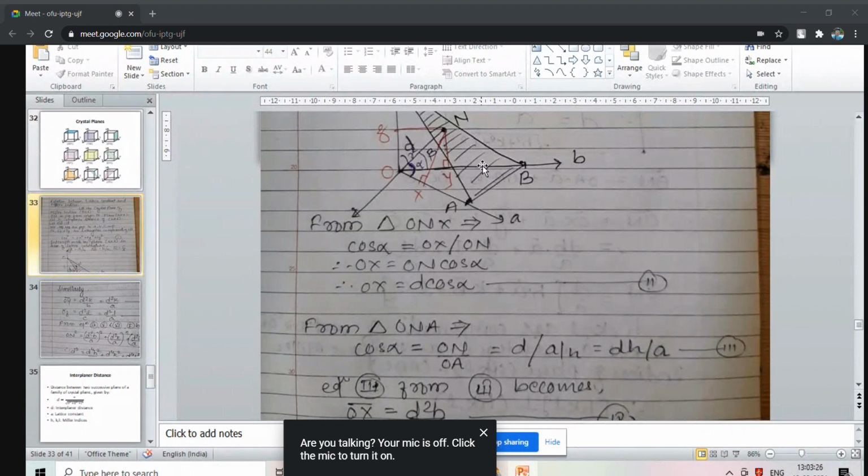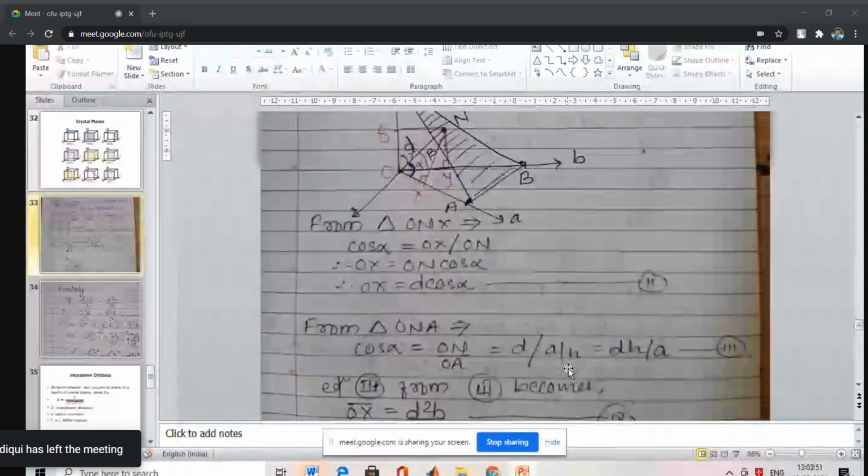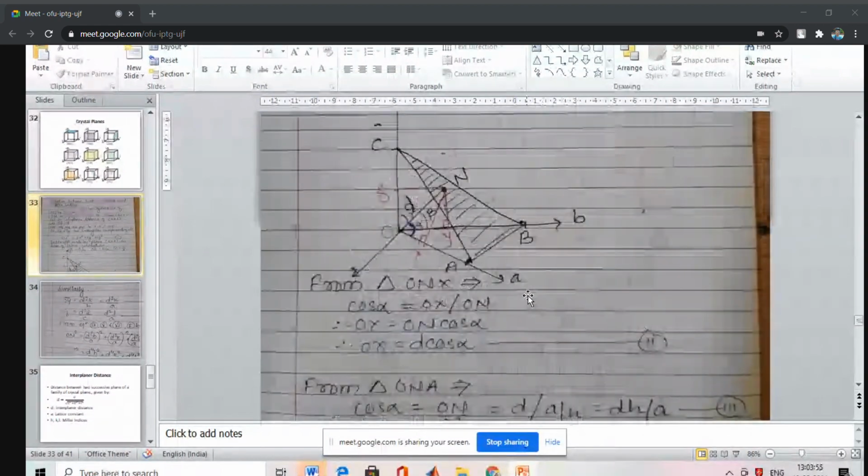So if we take again the reciprocal of the Miller indices, then it will be nothing but the intercept made by this plane. And so if OA is the intercept made by this plane on the axis A, and the first index of the plane is H, then OA will be A by H. Are you getting it? We have considered the intercept of the plane from Miller indices in the previous diagrams.